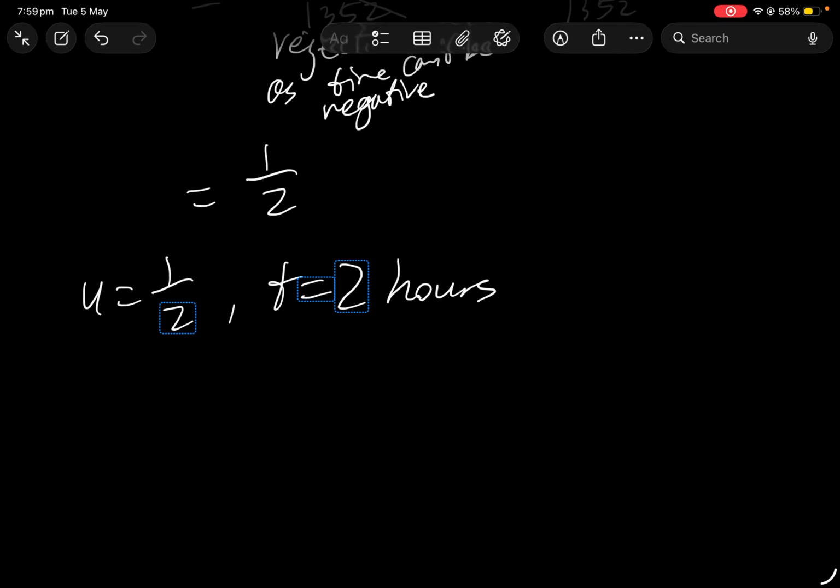So it takes 2 hours for the police to find the robbers.